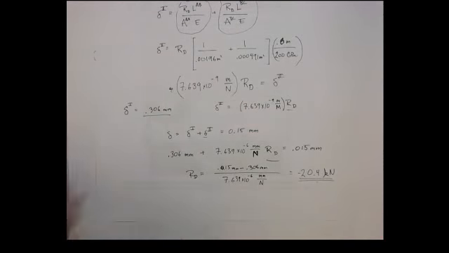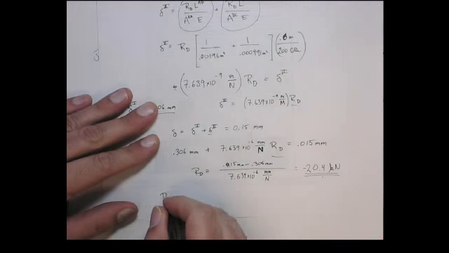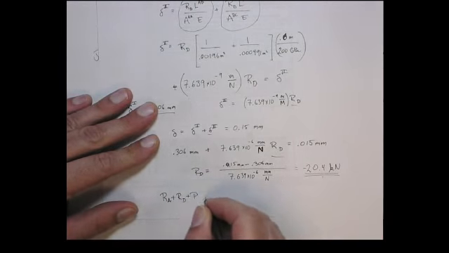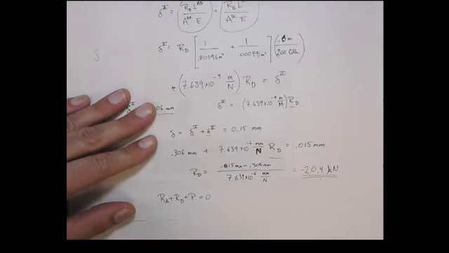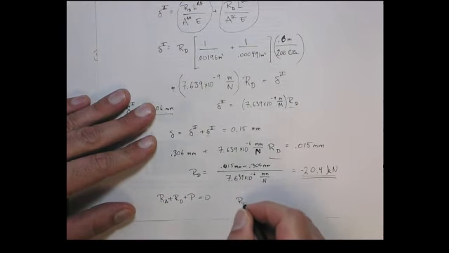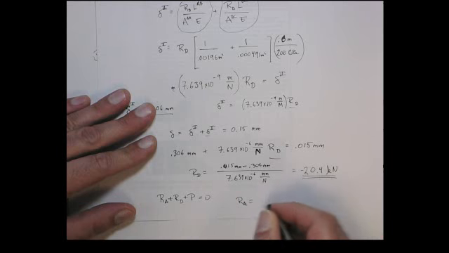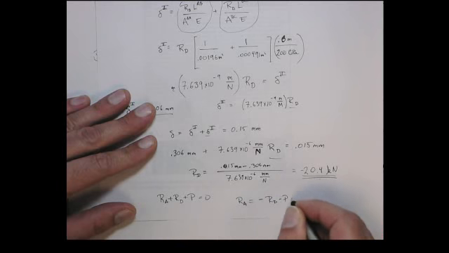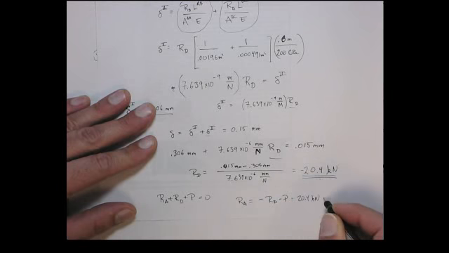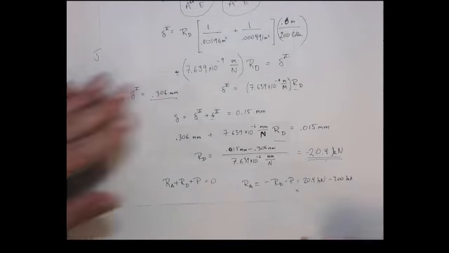All right. So if you get the reaction at A, well, we know that the reaction at A plus the reaction at D plus the applied force at P have to sum to 0. And so that gives me that the reaction at A is simply going to be minus the reaction at D minus P, which is 20.4 kilonewtons, a minus and a minus, and then P is 200 kilonewtons, so it's a minus 200 kilonewtons.